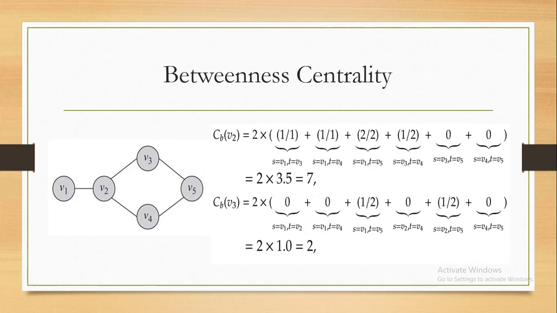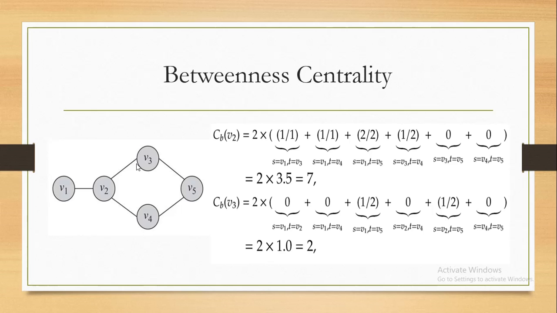Now we are calculating the centrality of node V2. The first pair is V1 to V3. The number of shortest paths from V1 to V3 is only one, that is V1, V2, V3. That is rho_st.